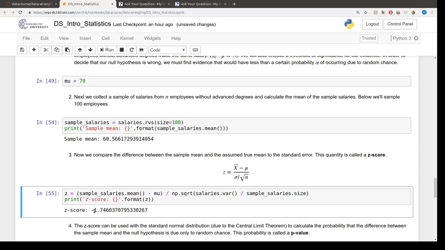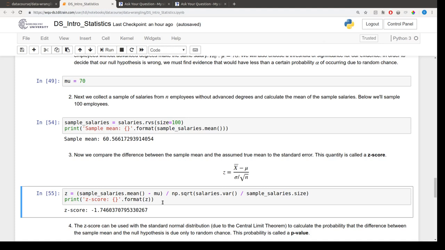What can we do with this z-score? What does this z-score tell us? Well, first of all, it tells us that our difference between the sample mean and the assumed true mean was 1.7 times larger than the standard error. So that's already some useful information.